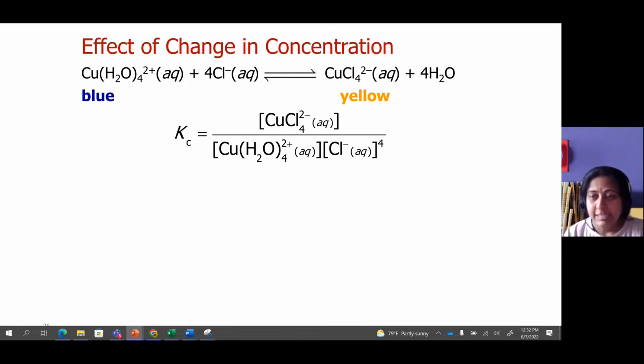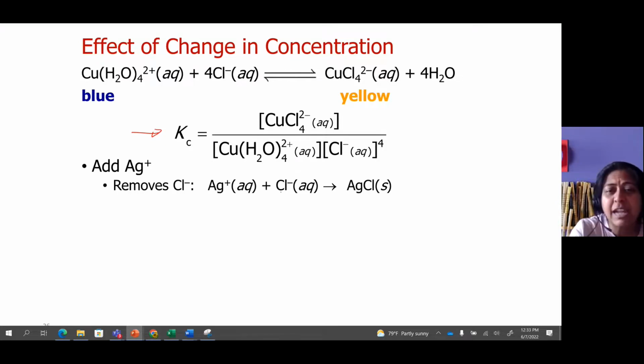Next, same equilibrium, same reaction, same equilibrium constant. Now we'll add Ag+ silver ions. You would think the equilibrium won't be disturbed because we don't see the silver ions in the reaction. But the silver ions react with the chloride ions and precipitate as solid silver chloride. It takes out the chloride.